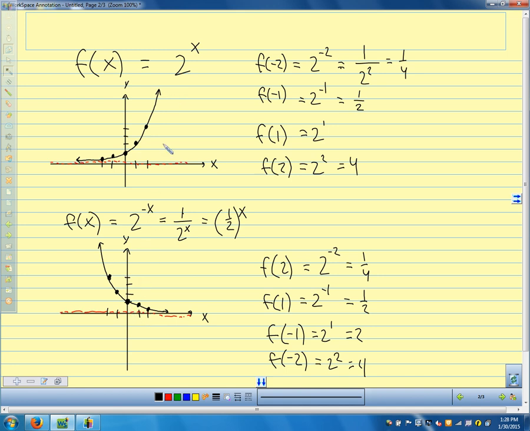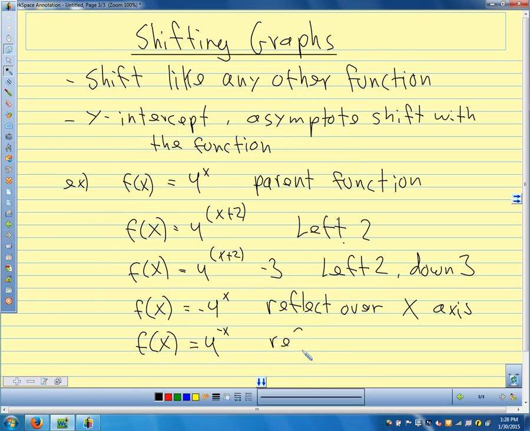So that's exactly what happened here. So sketching graphs of exponential functions is a lot easier than sketching graphs of other kinds of functions. We just shift our intercept and our asymptote along with the function.